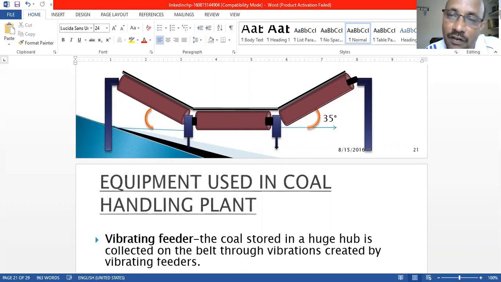As per the requirements of the coal plant, we will store the coal in the plant. The plant is usually located near the boiler furnace. Why? Because of the transportation problem. That's why we keep it very near to the furnace.